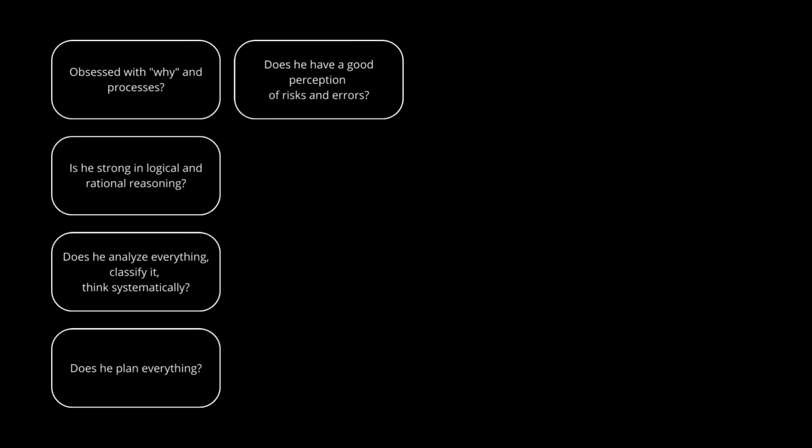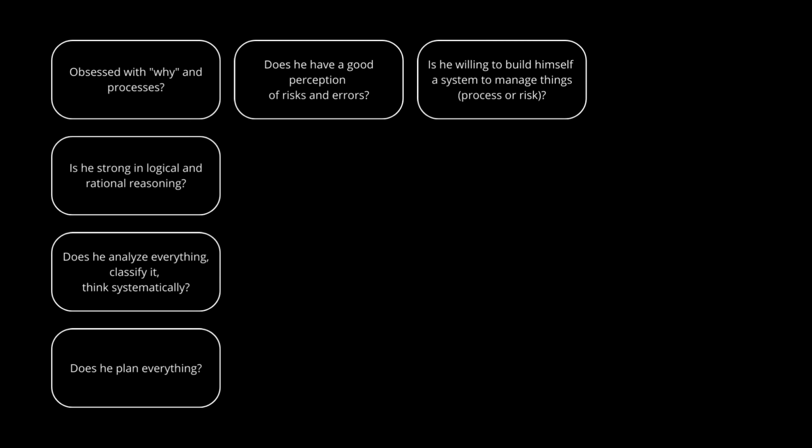Now let's look at the last color. Does he plan everything? Does he analyze everything, classify it, think systematically? Is he strong in logical and rational reasoning? Obsessed with why and processes? Does he have a good perception of risks and errors? Is he willing to build himself a system to manage things, process or risk?